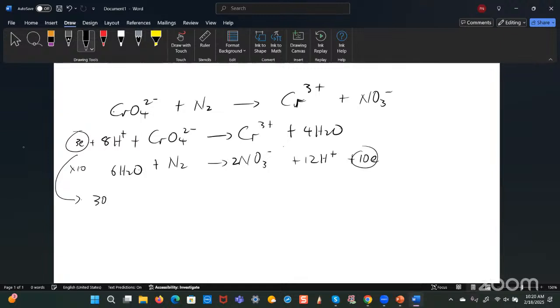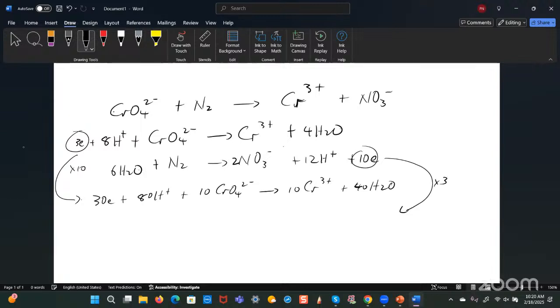So 30 electrons plus 80 hydrogen ions plus 10 chromate ions to give 10 Cr3 plus, 40 water molecules, all right? And then what do we multiply this equation by? 3.